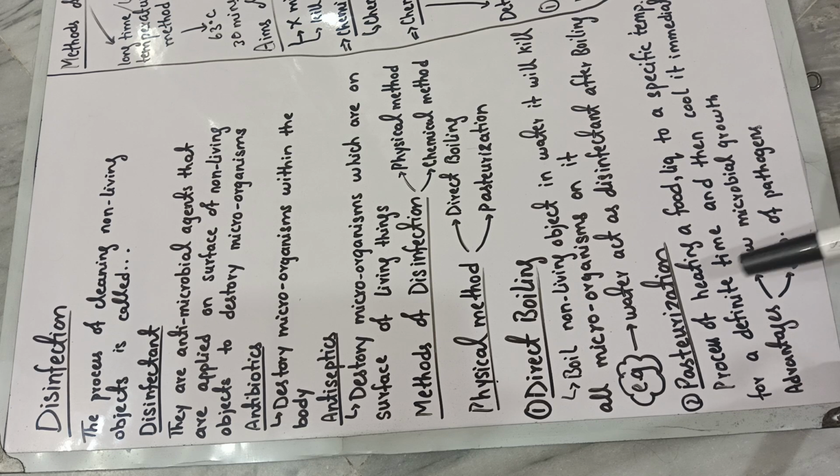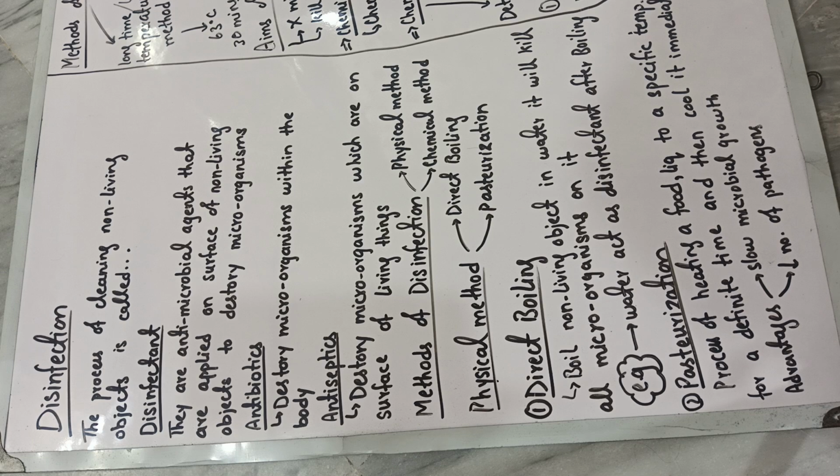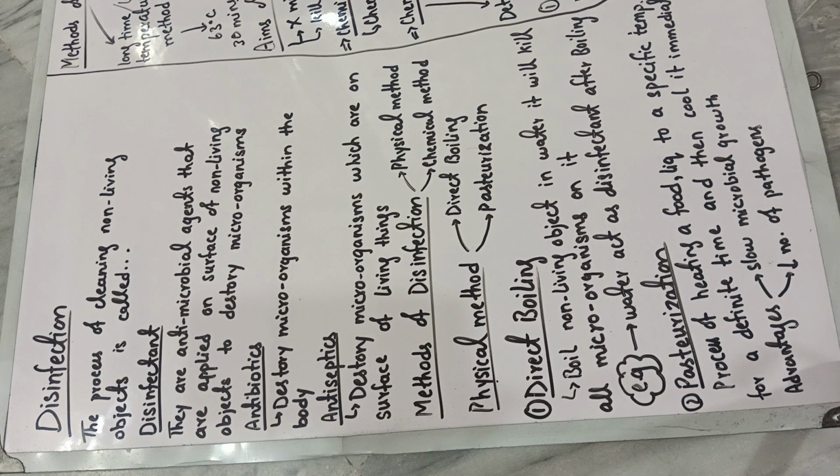Second is pasteurization. Pasteurization is a process of heating a food or a liquid to a specific temperature. So you will set a specific temperature, and then you will heat your food or your liquid. Food or liquid includes foods which are prepared in industries. They undergo the process of pasteurization in order to kill the microorganisms on them.